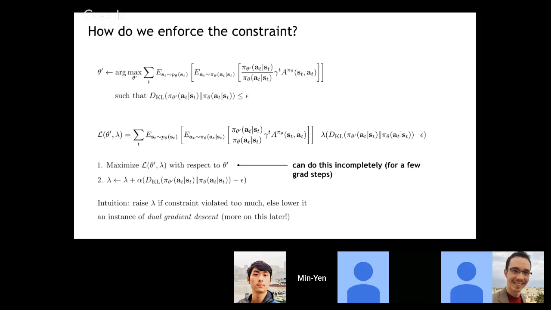Then we substitute it in, and we say there's some suboptimality that happens when we change the expectation from theta prime to theta. Hence, to satisfy that constraint, we don't want our new policy to stray too far from the old policy, but we still want to find a slightly better policy.